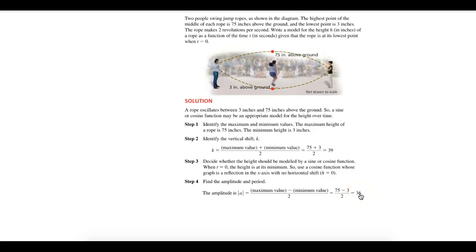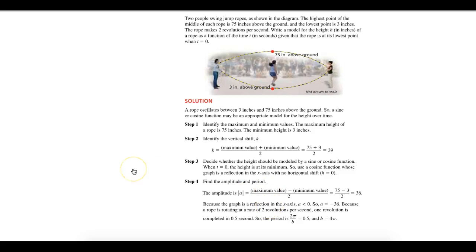So the height from 39 to 75 is 36. So again, the amplitude is just the distance from the midline to the maximum value. Okay, so now we've got our vertical shift. We've got our a value right here. Now we just need to figure out our period next.